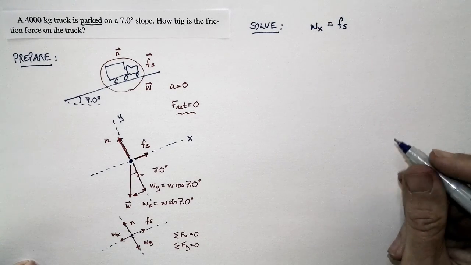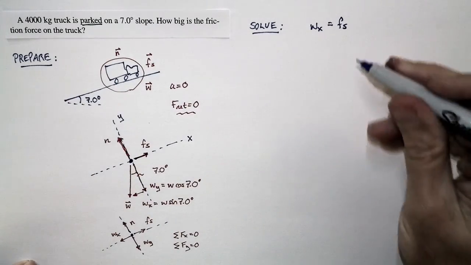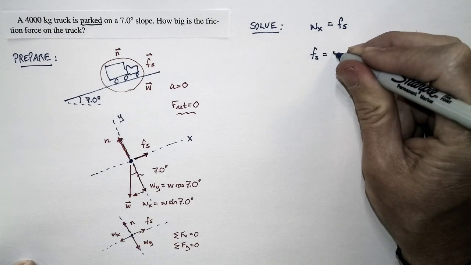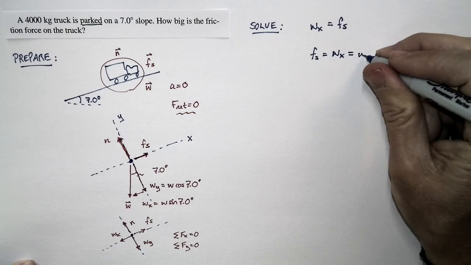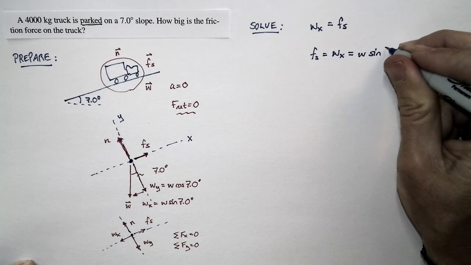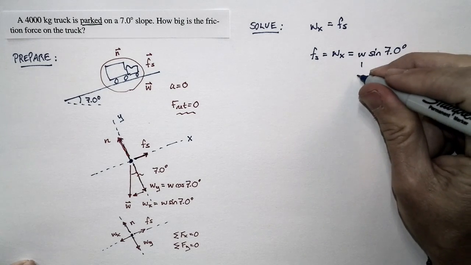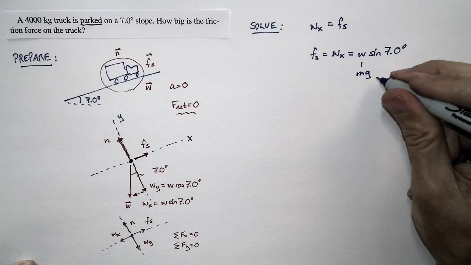Oh, now that simplifies things, because what I'm asking for is, what is the friction force on the truck? Well, the friction force on the truck is just equal to the x component of the weight force, but the x component of the weight force is just equal to W times the sine of 7 degrees. And the weight force is just m times g. It's the mass of the truck times g.